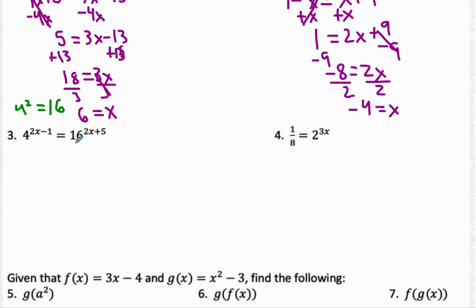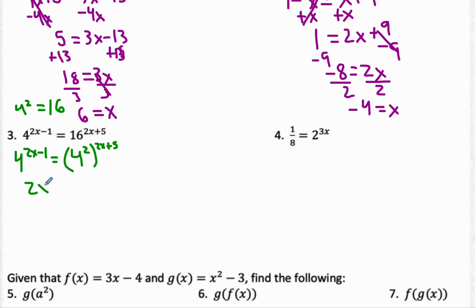Okay, so I'm going to replace 16 with 4 to the second power because they're equal. All right, and then it's still to the 2x plus 5. So I'm not changing the value of anything because 4 squared is equal to 16. All right, and on the left, we didn't do anything. Okay, and now, see, they have the same base, 4 and 4. So I can set the exponents equal to each other.